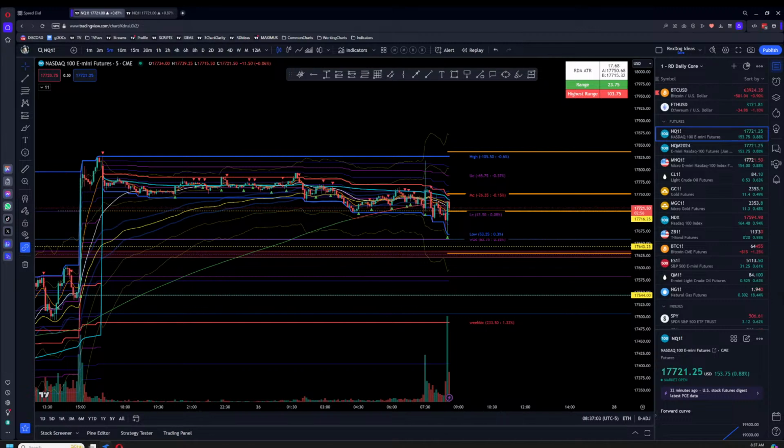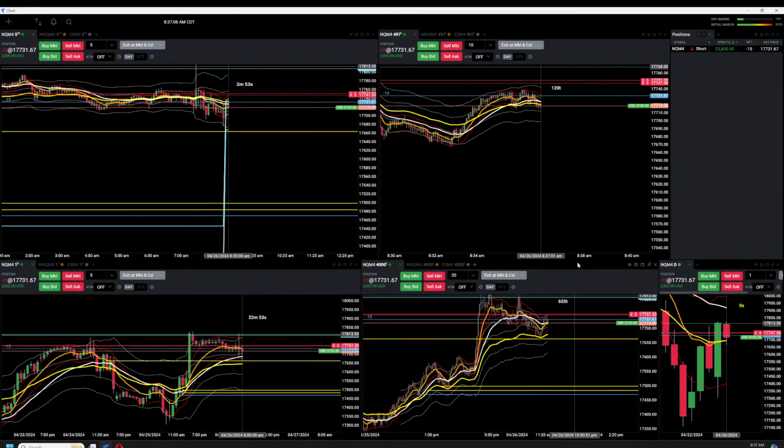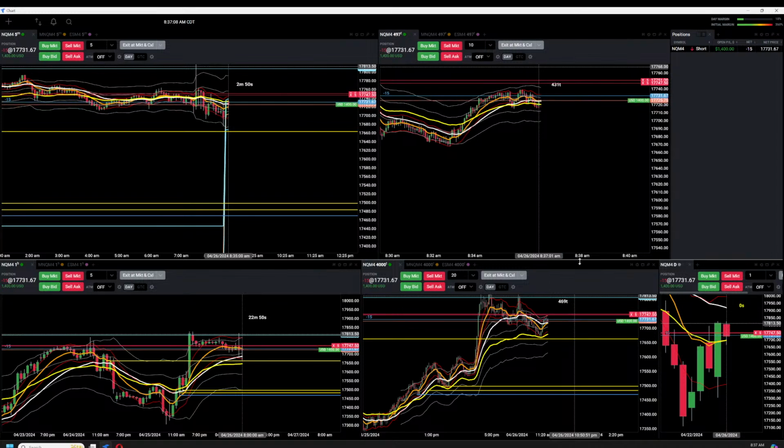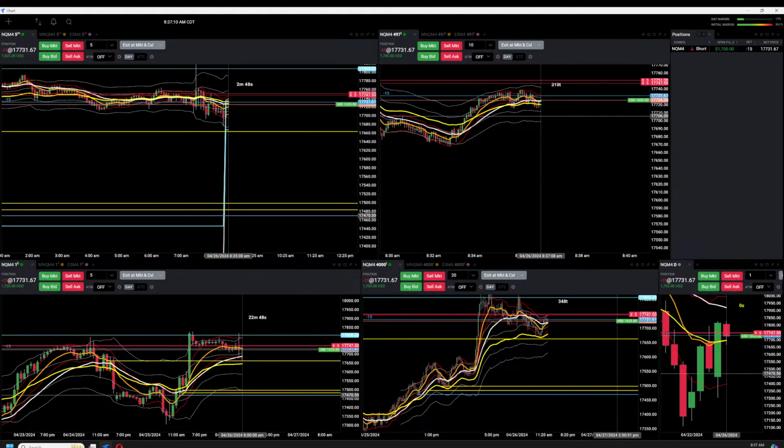Where are we at in the trade? Up about 4,000, only in 15 lots. Waiting for it higher. Don't have complete confirmation that it's going to roll over here, but we're in the right zone.